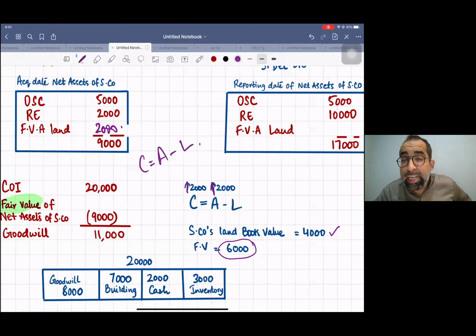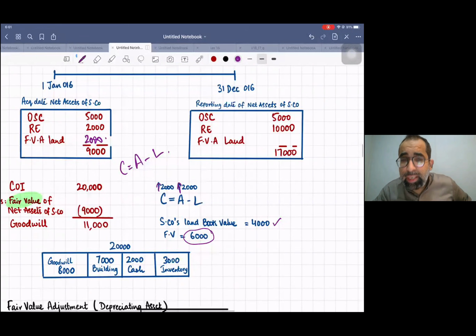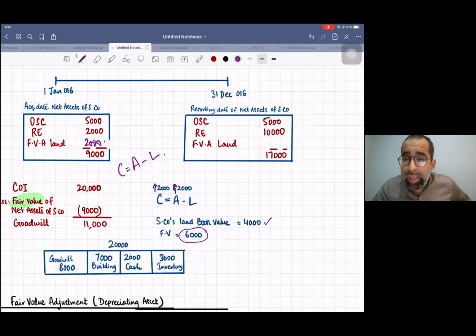As this is a non-depreciating asset, the value has not changed at the reporting date, so you will adjust the same amount in the reporting date packet.